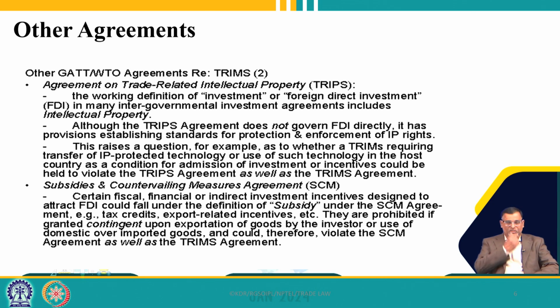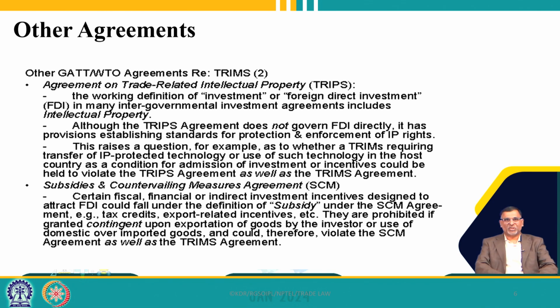So, you can see that you cannot prescribe, you cannot compel, you cannot stipulate any foreign direct investor to transfer the technology to the host country within a period of time. This is in violation of TRIPS agreement.